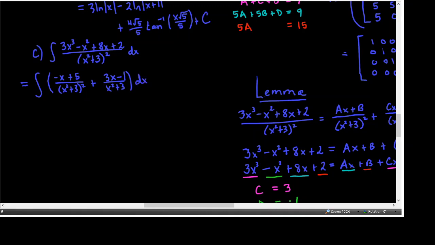Okay, so to do this problem, I am going to split the fractions into 2 parts each.